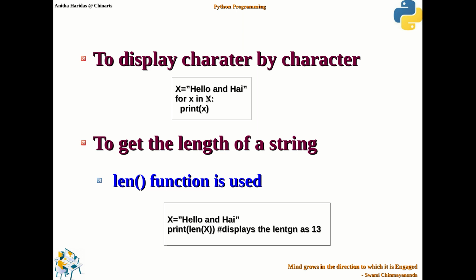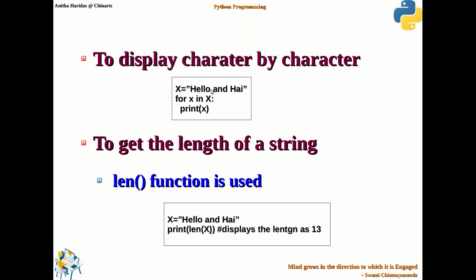So x is now a collection of characters, represented as a string variable. This can be a list, tuple, whatever it is, right? So you can have a collection here, and this is going to be the variable which will be retrieving the value. And this was also discussed in another session, how to use the for statement to collect each and every value from a collection variable. So x is here a string, which is a collection variable that contains a collection of characters.